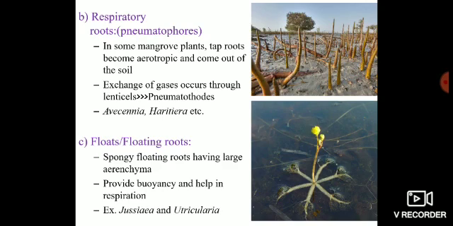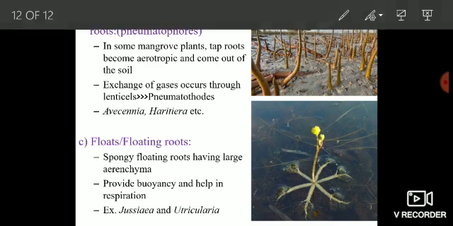In some mangrove plants, those plants which grow in saline marshy areas, the tap roots become aerotropic and come out of the soil. Here you can see in the image the tap roots have come out of the soil and form peg-like structures. These are known as pneumatophores.